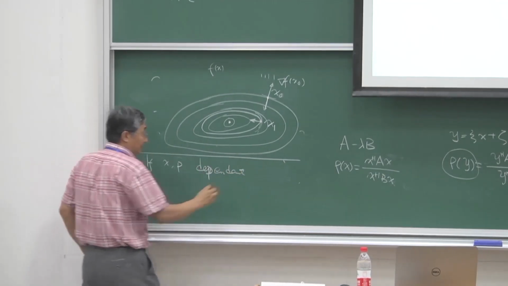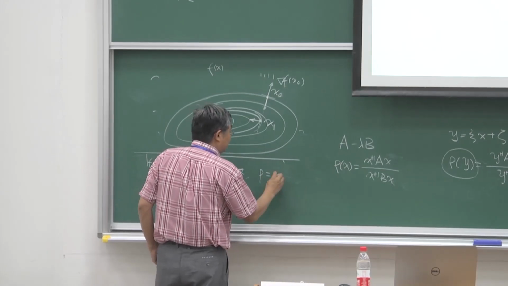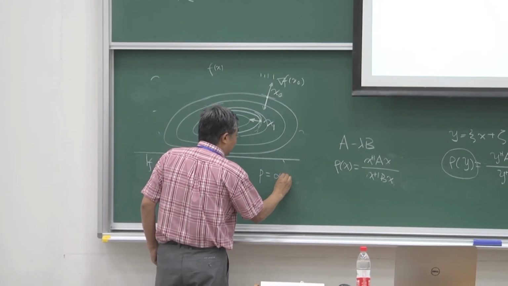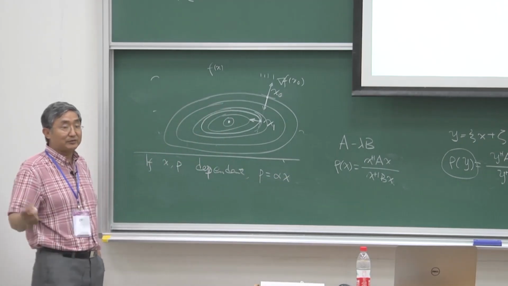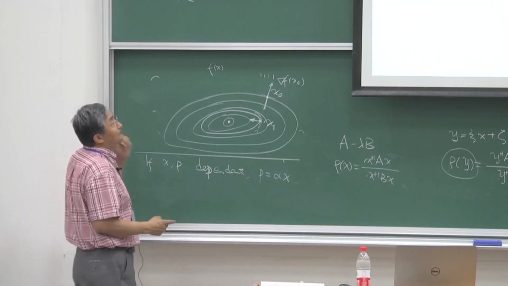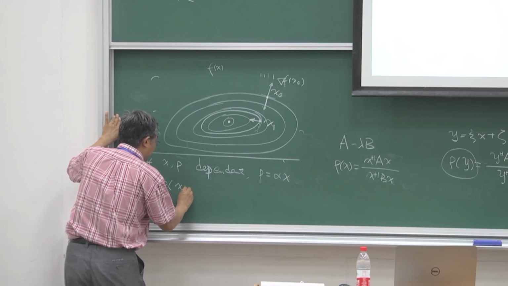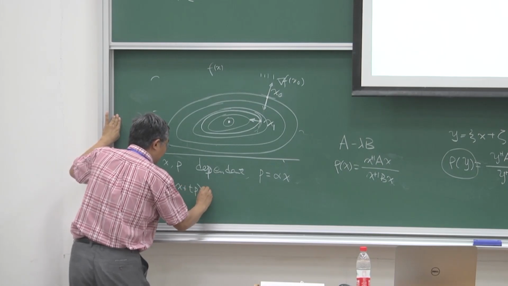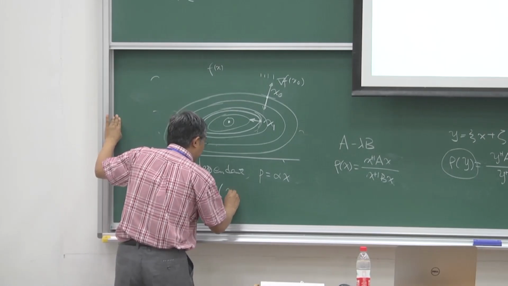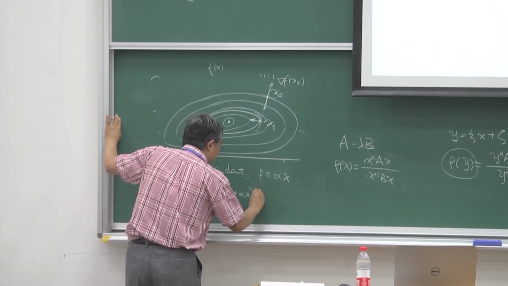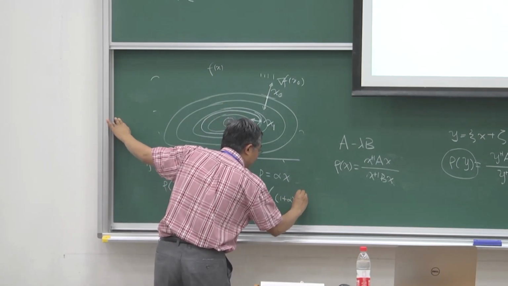Let's say p equals alpha x. It could be the other way around, x equals alpha p. Then you look at rho of x plus t p. That equals rho of x plus t alpha x, which equals rho of (1 plus t alpha) x.